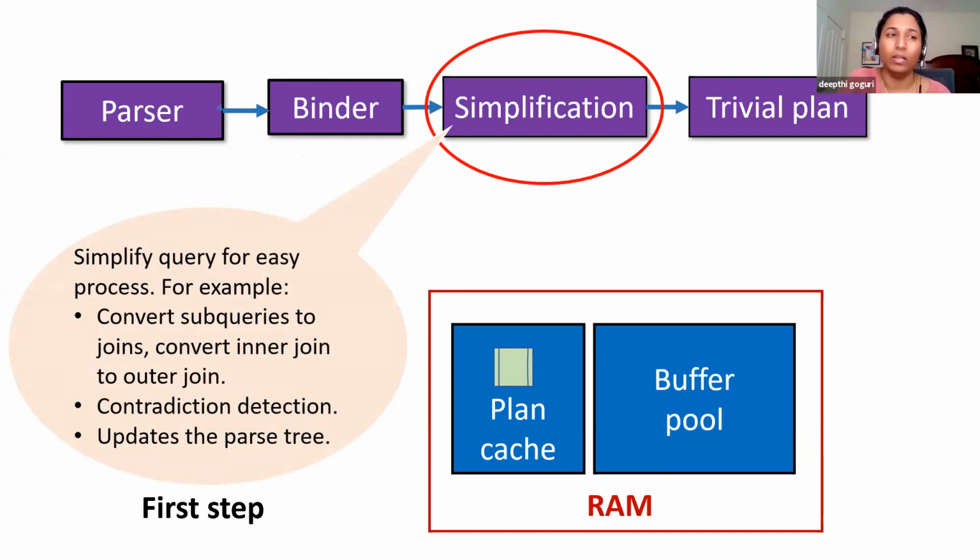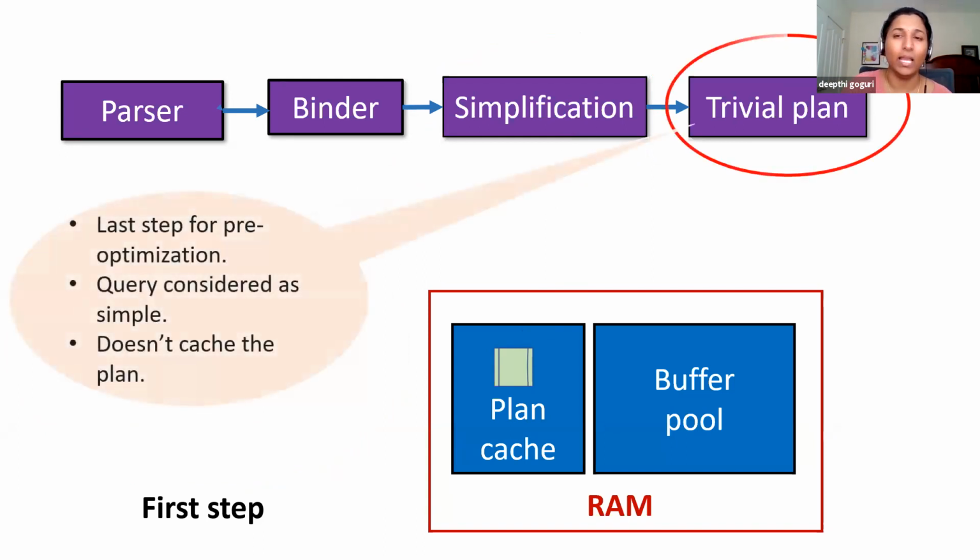Let's take an example: if you have any subqueries in your query, behind the scenes, those subqueries are converted into simple joins. And contradiction detection happens here, like if you have any foreign key contradictions, those kinds of things are detected here. Now with this information, the parse tree inside the plan cache is once again updated, and our query will go to the trivial plan component.